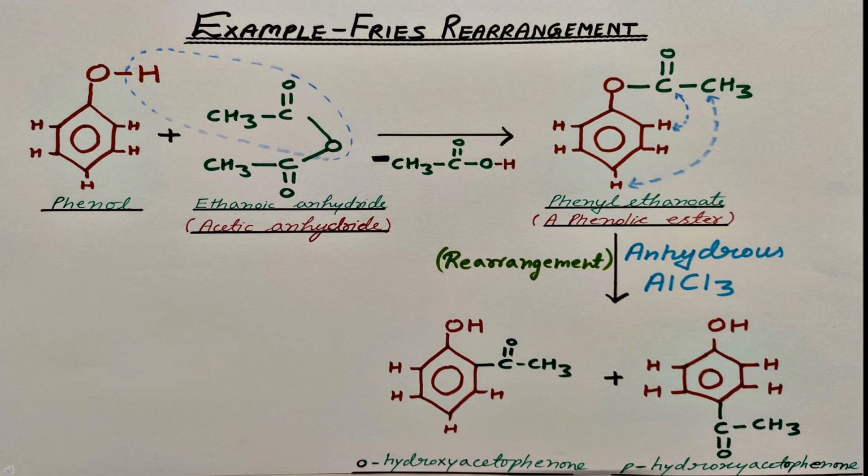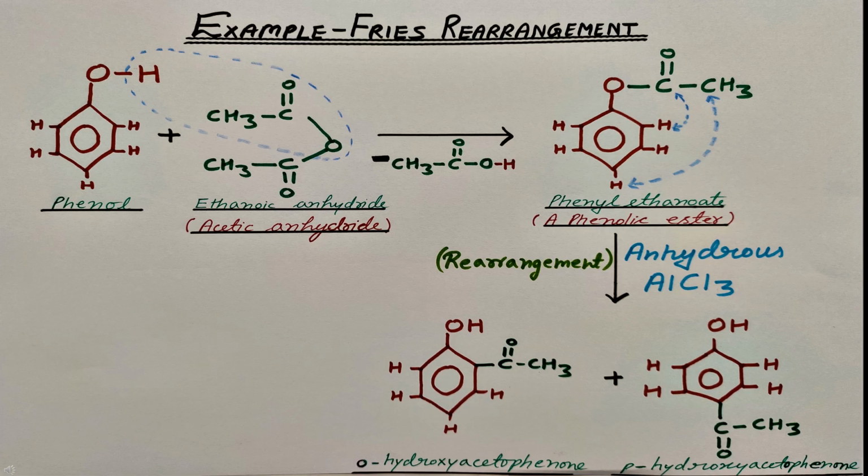Now taking up example of Fries rearrangement reaction, we are going to react phenol with ethanoic anhydride, which is commonly known as acetic anhydride. In this reaction, hydrogen part of phenol will be removed with CH3CO part of ethanoic anhydride in the form of CH3COOH, which is acetic acid or ethanoic acid.